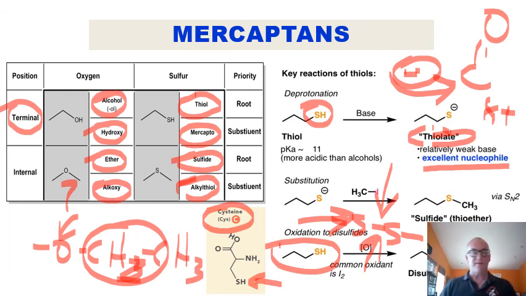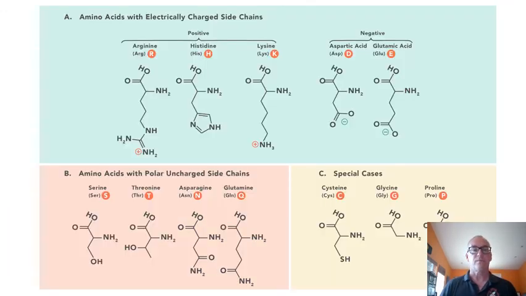So another thing I want to point out is that with all these functional groups we've been discussing, you're going to find them on amino acids, because it's the amino acids in proteins that do all of these reactions. So all these enzymes that do all these biological reactions for us have to have these functional groups in order to catalyze the reactions.